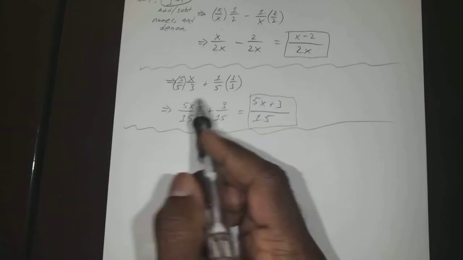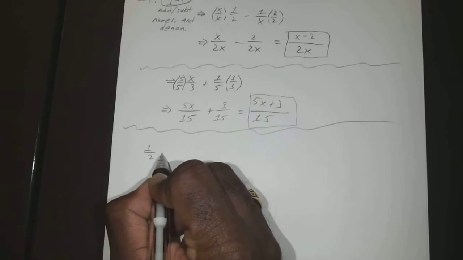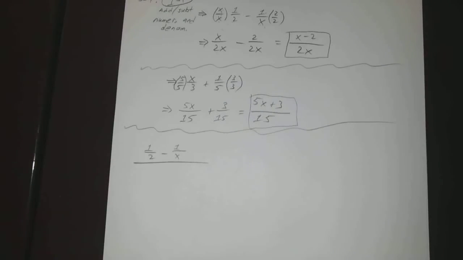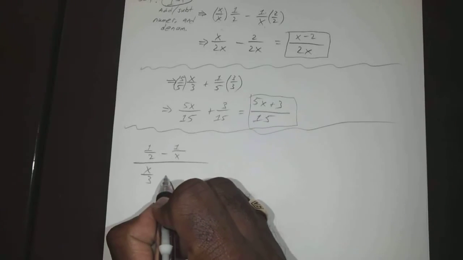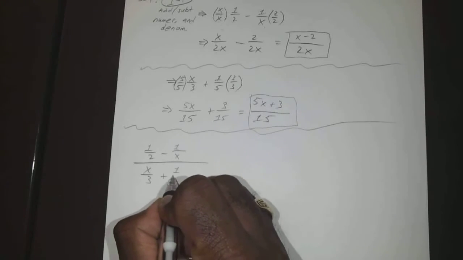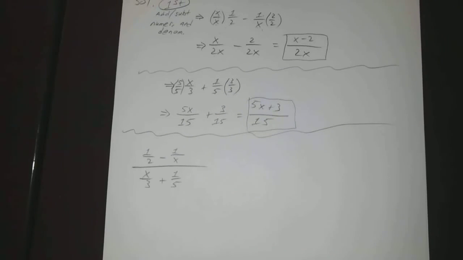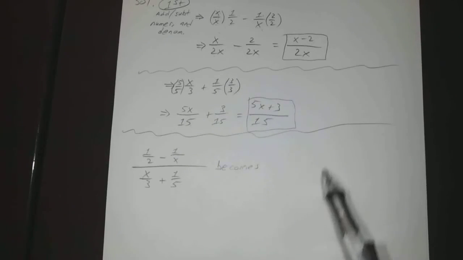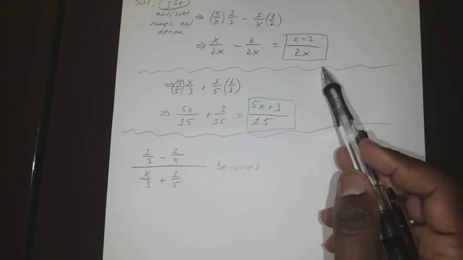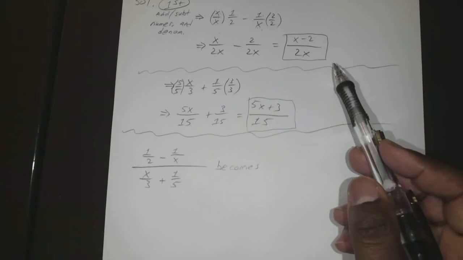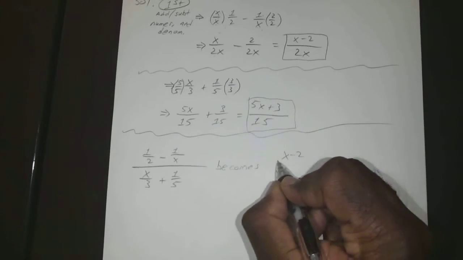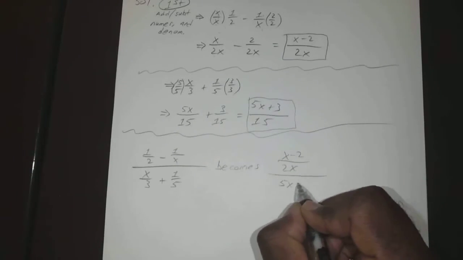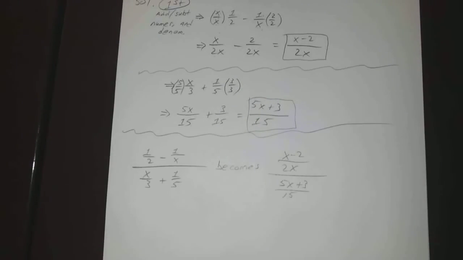Okay, so that means that our original expression of 1/2 minus 1 over x divided by x over 3 plus 1/5 becomes: our numerator changes to x minus 2 over 2x, and our denominator changes to 5x plus 3 over 15.